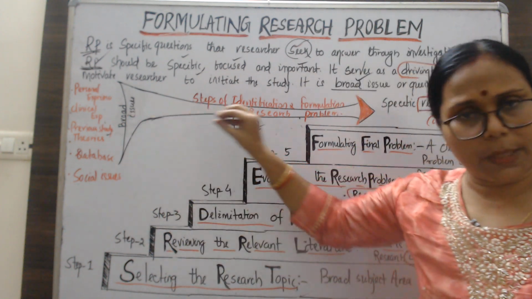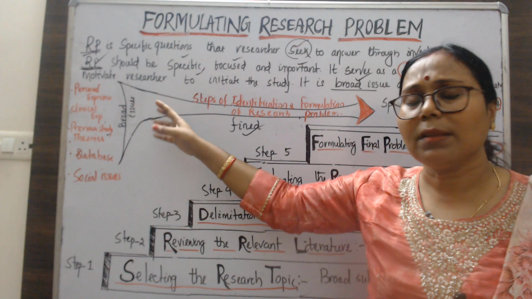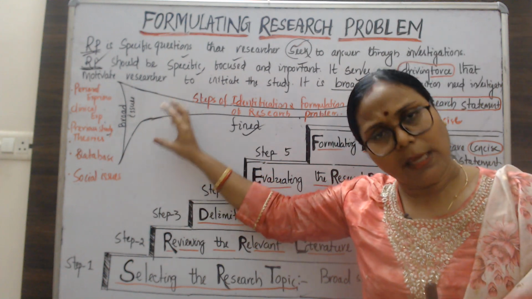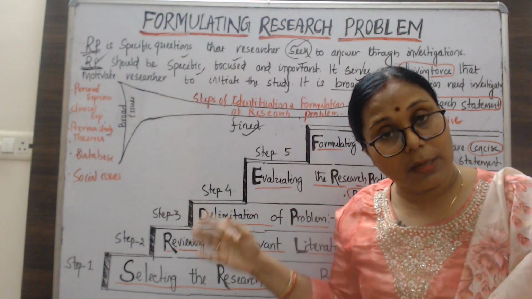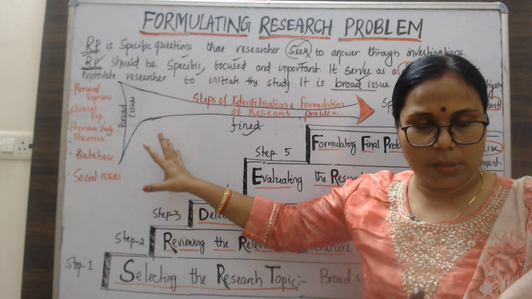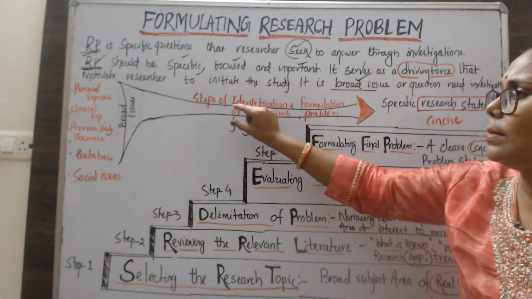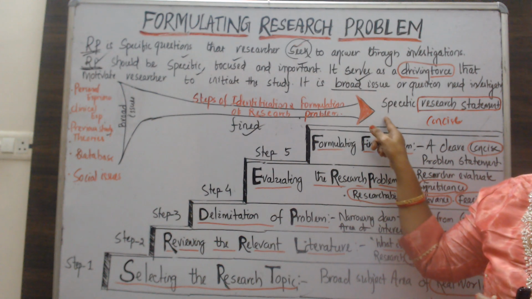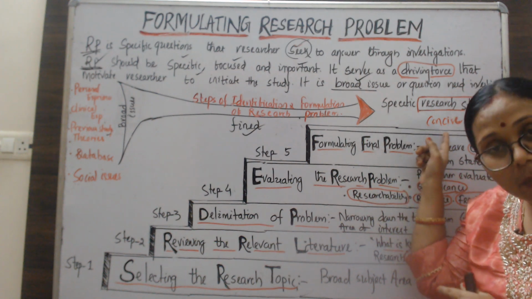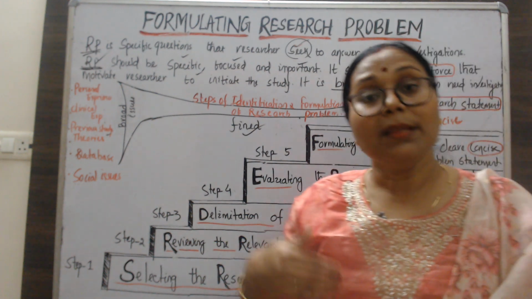The topic means the gap, the lack of knowledge on this issue. That will be selected, and through a process it becomes narrowed down and comes into a concise and specific form, which is called the problem statement.